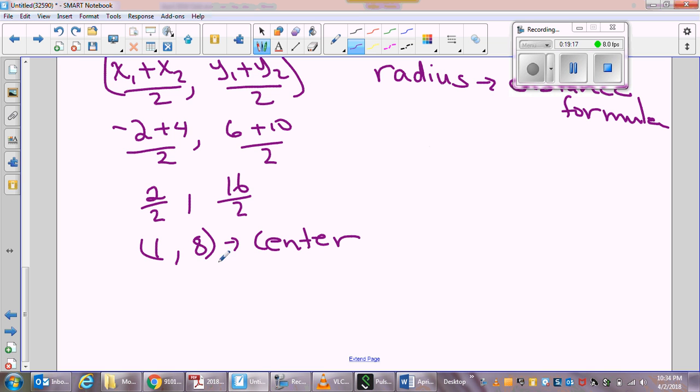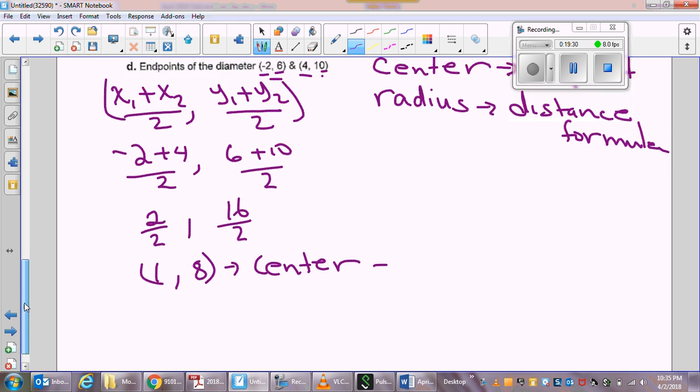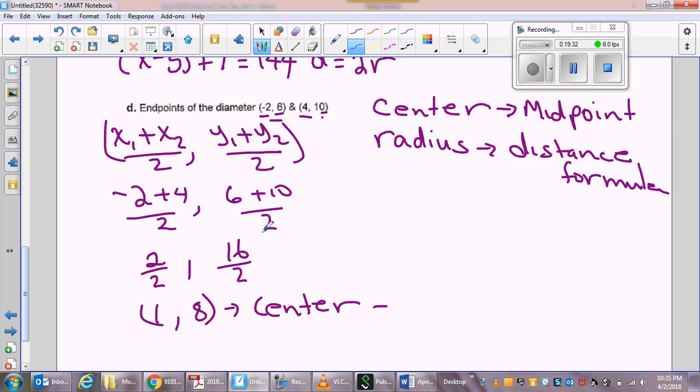Yeah? And then now I need to do the distance. I can do the distance to find the diameter, but since I already have the center, why not find the distance between the center and the other endpoint? I can pick any of the points. I don't have to use both. So let's find the distance, because now this is what I got, right? This is (negative 2, 6).